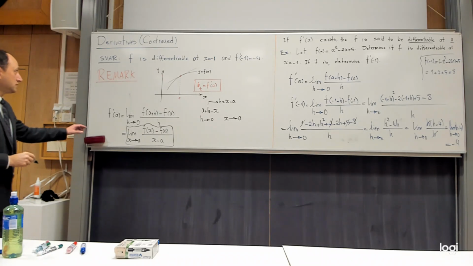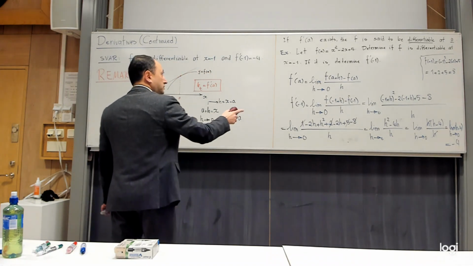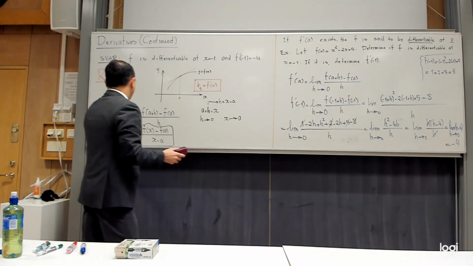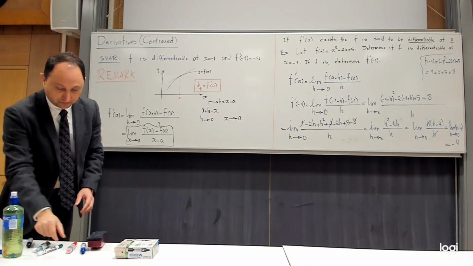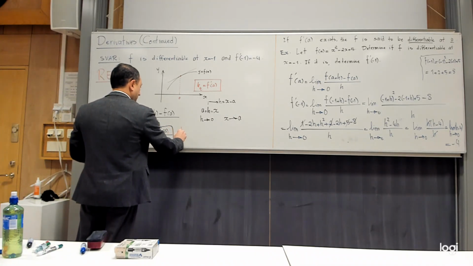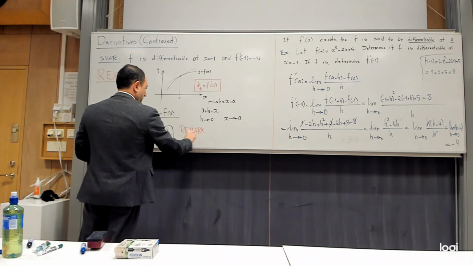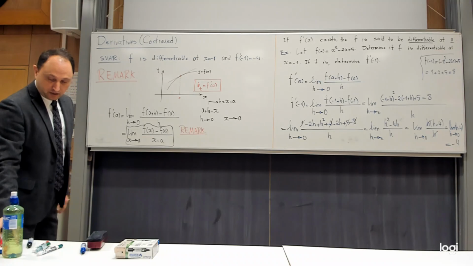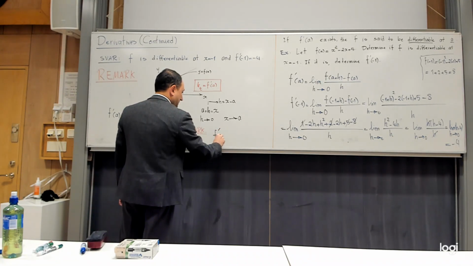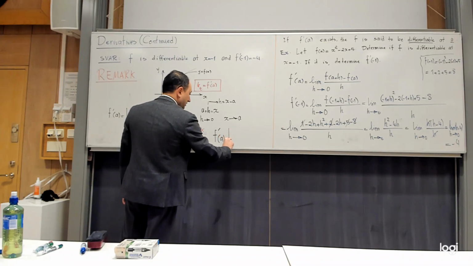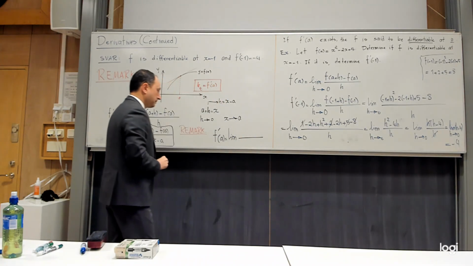So let me write this as a remark here for you, because I want to keep the example. So you can say that the derivative of f at point a can be calculated equivalently using an alternative limit.